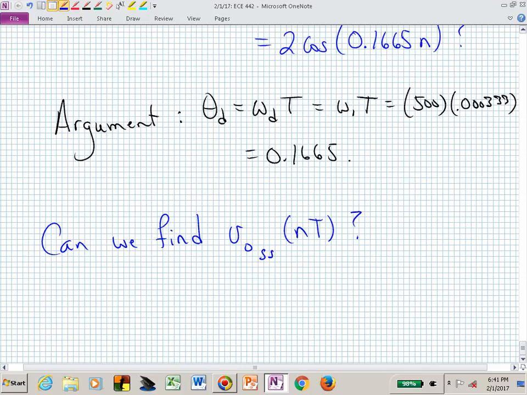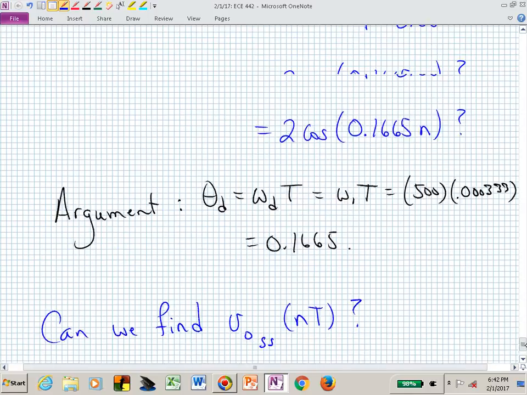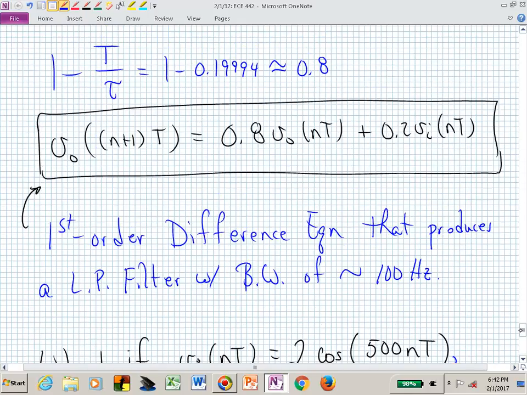Can we find V sub naught sinusoidal steady state? We could if we just iterated, right? If somebody's patient, we can just sit there and iteratively compute the output from a filter that's just a linear difference equation. We could also do it if somebody gave us the transfer function and said, what's the transfer function look like at 500 radians per second in the z-plane?